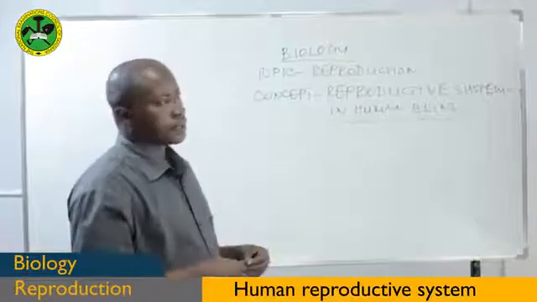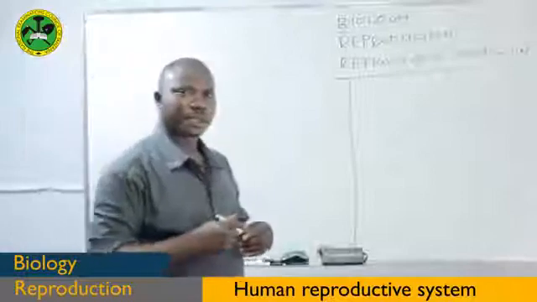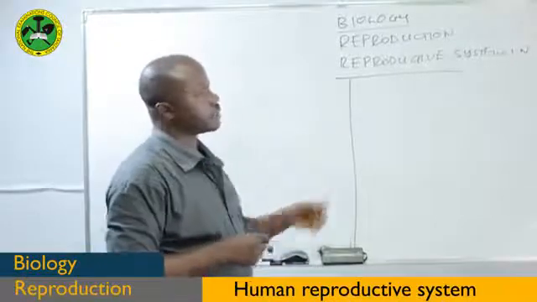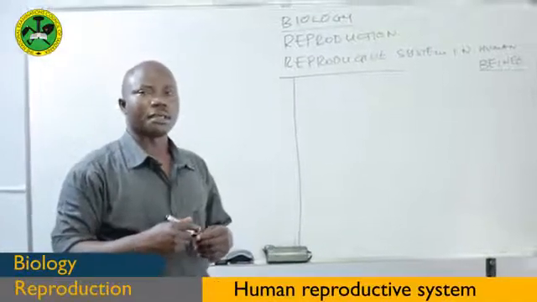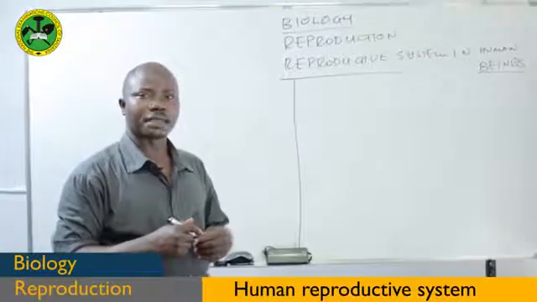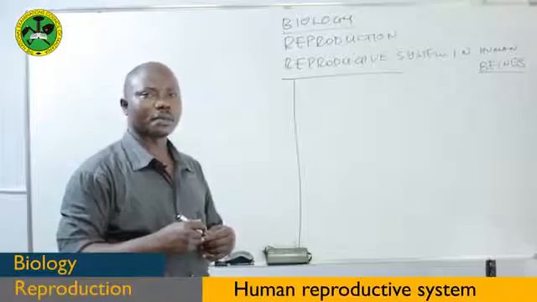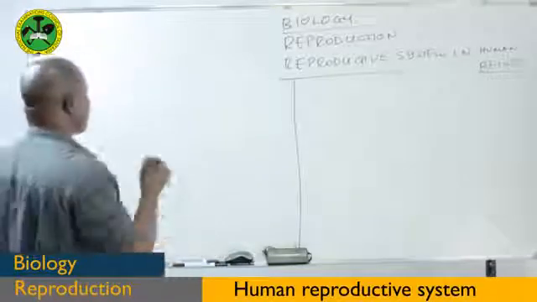My dear students, the main concept I'm going to present to you is the reproductive system in a human being. In a human being, there are a male reproductive system and a female reproductive system.